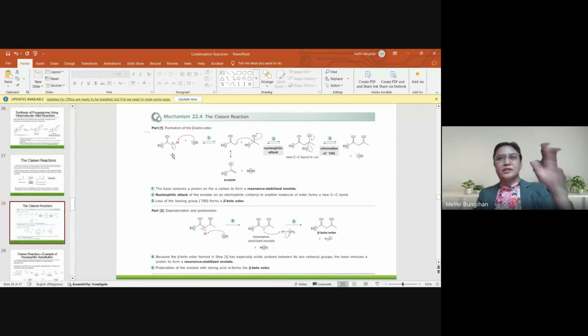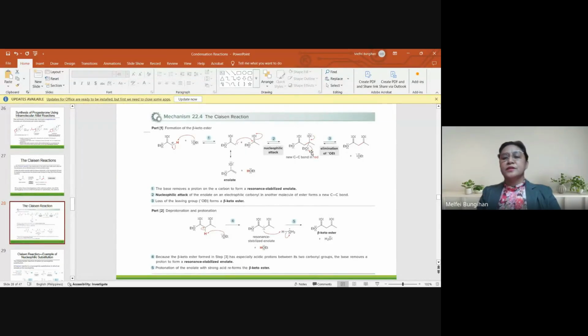So in Claisen reaction, the first part is formation of the beta keto ester. So initially, base of course removes the alpha proton. And then we have your enolate formation. And then we have the nucleophilic attack. So nucleophilic attack here will give you this formation of CC bond, but take note here that there is a leaving group in an ester here.